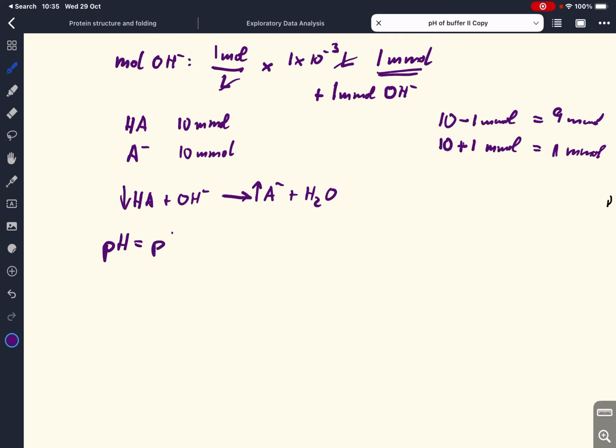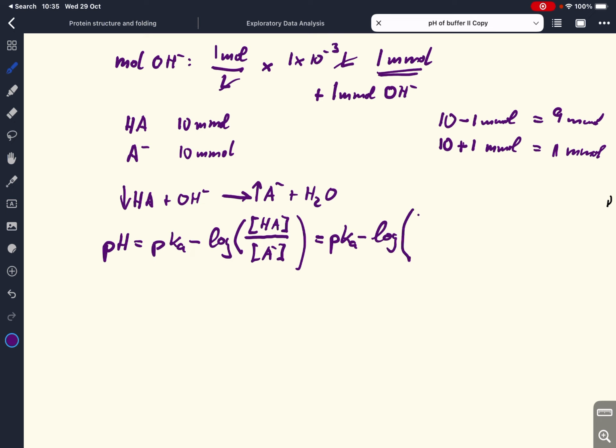pH equals pKa minus log of the new acid concentration divided by the new base concentration. So what is our new acid concentration?